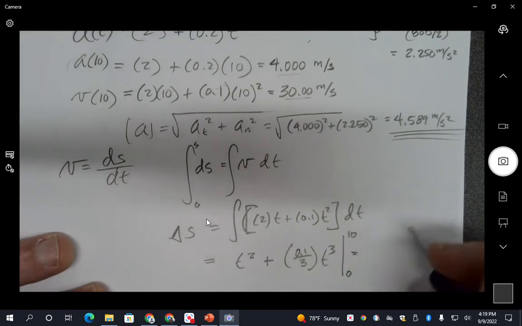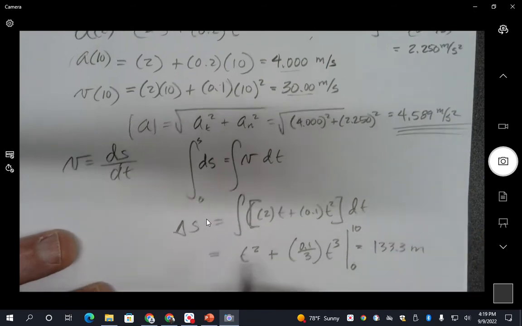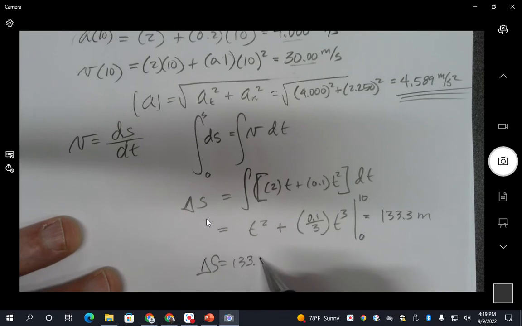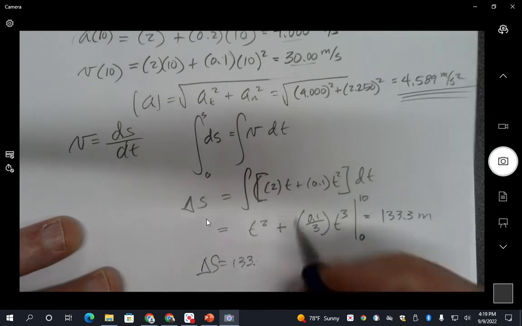Plugging those back in, we end up getting 133.3 meters.